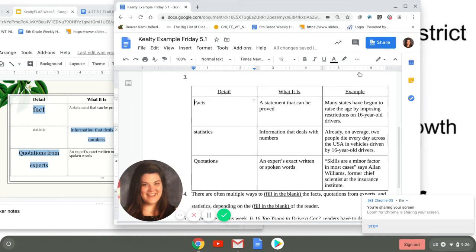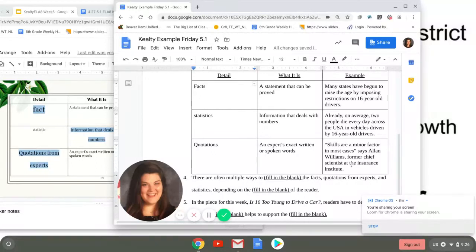For quotations, this is another quotation directly from the text. It is an expert who has written something or has been interviewed or whatever, and they're saying, this is my interpretation of those things, or this is my understanding, or these are my noticings, right? So this particular quote says, quote, skills are a minor factor in most cases, says Alan Williams.